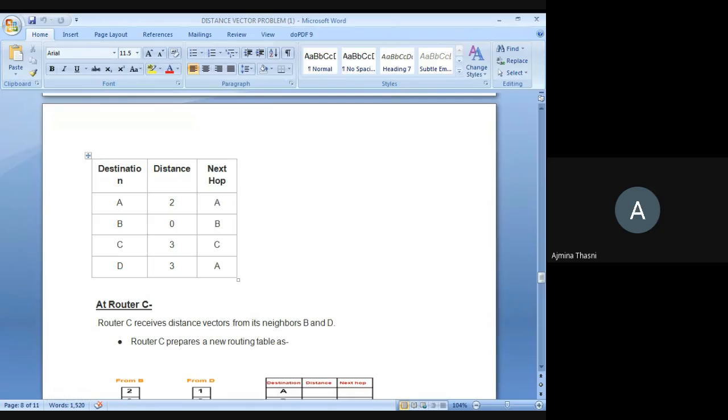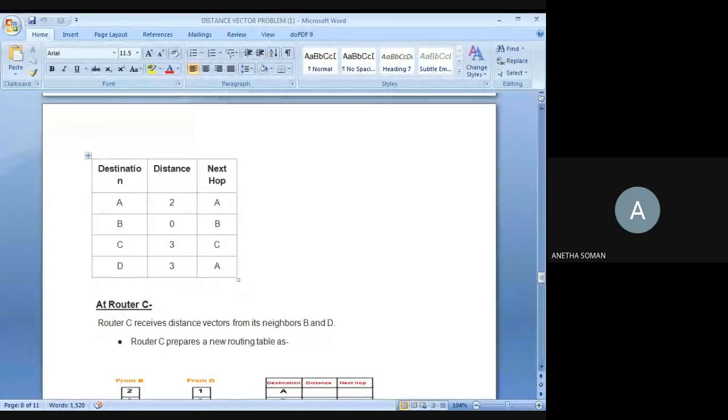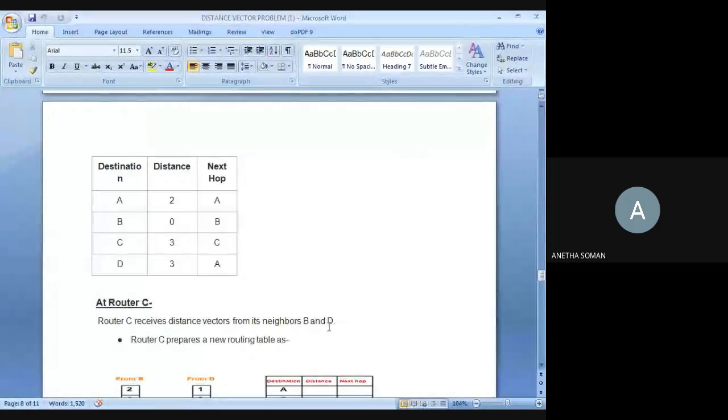A5A, B3B. How will it be A5A? A5B only you will get. Okay, A5B, B3B, C0C, D10D. It is wrong. So you have not done the third step.